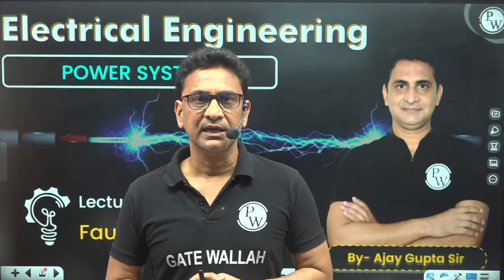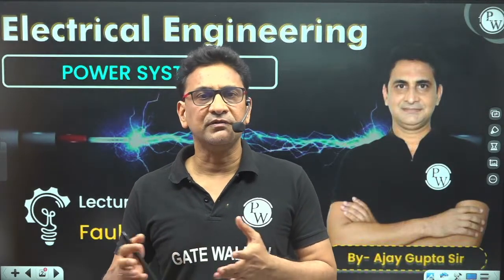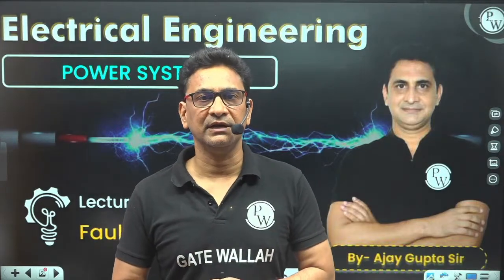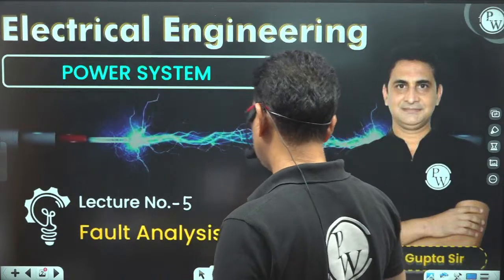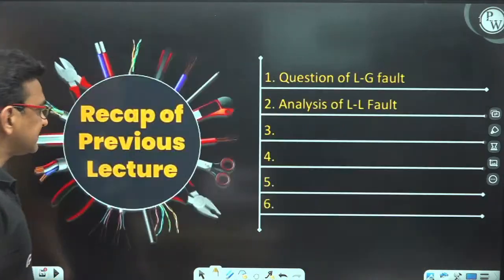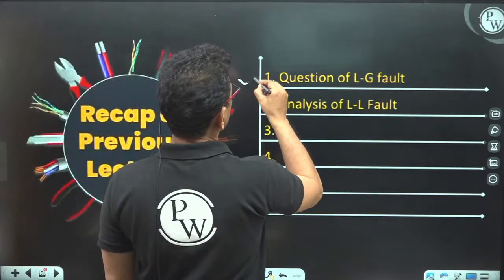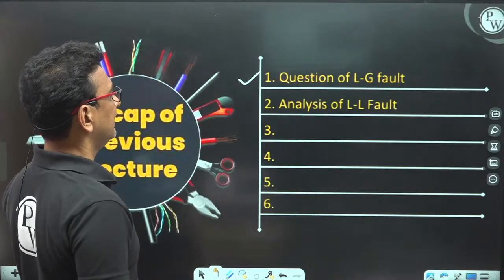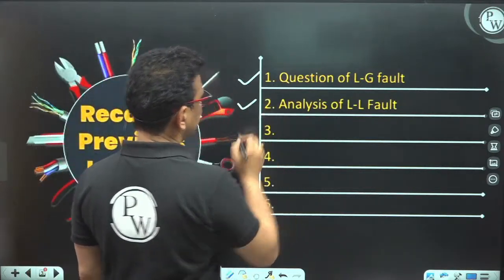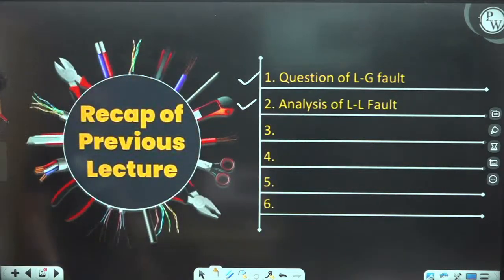Today, I will continue our discussion of the line to line fault, and after that I will start the double line to ground fault. Okay, so let us start. This is the recap of the previous class. Yesterday we discussed some questions on the line to ground fault and the analysis of the line to line fault.